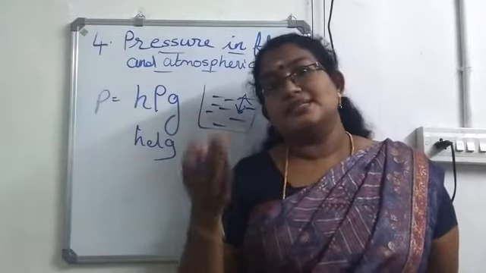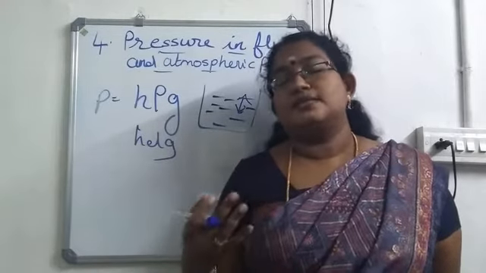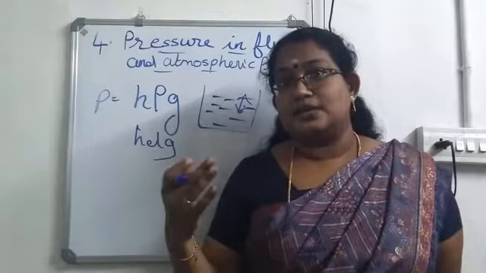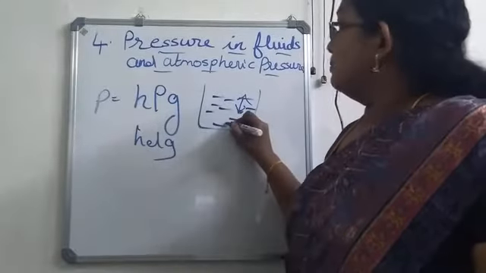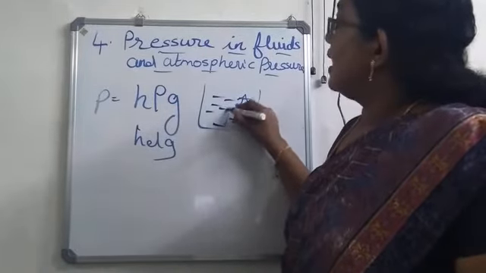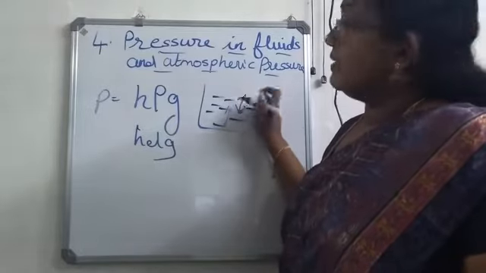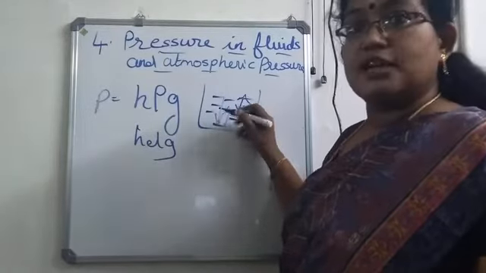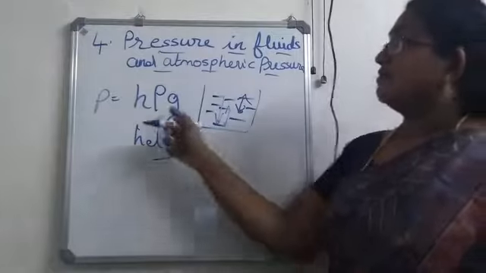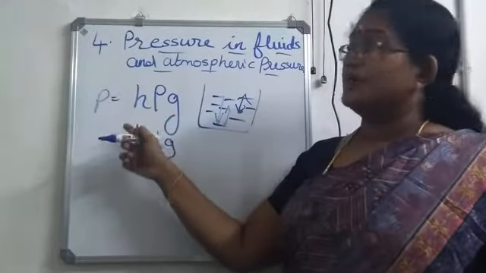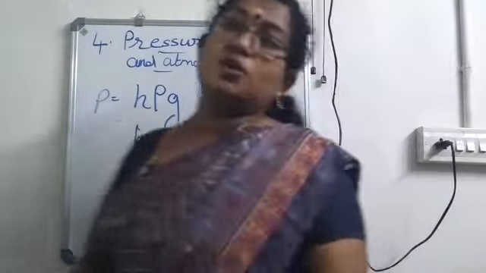When the bubble is coming up, what happens is its depth changes. At first the bubble will be here. When it is coming up, what happens to the depth? Depth means you are measuring from the top, isn't it? So the depth decreases. When the depth or the height decreases, naturally pressure also decreases.